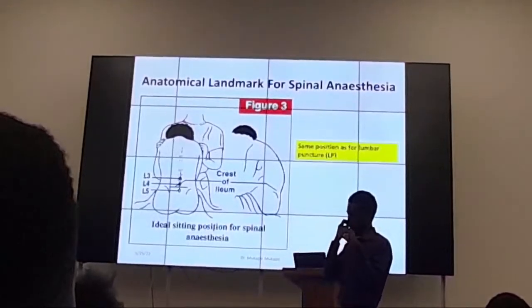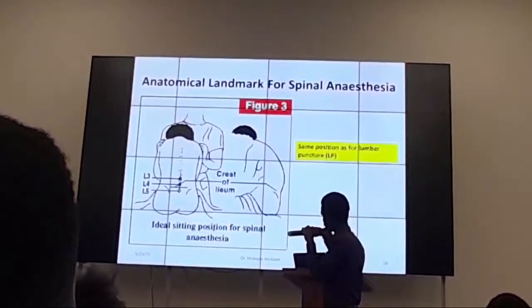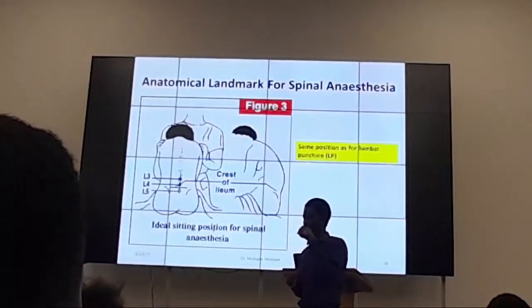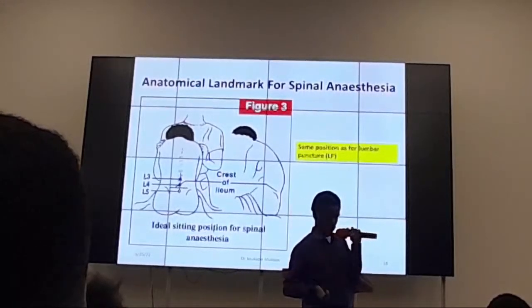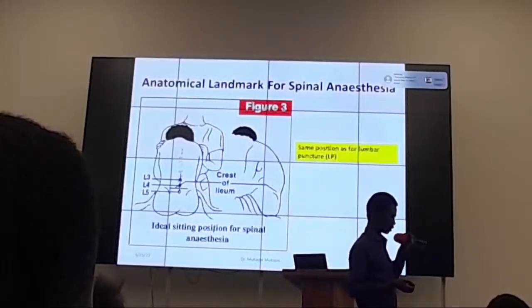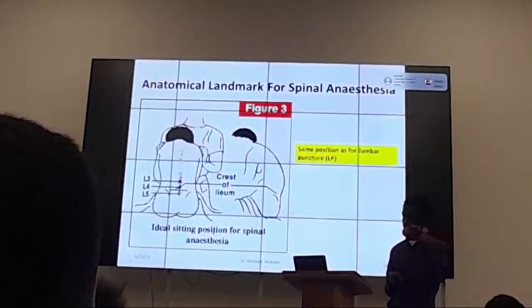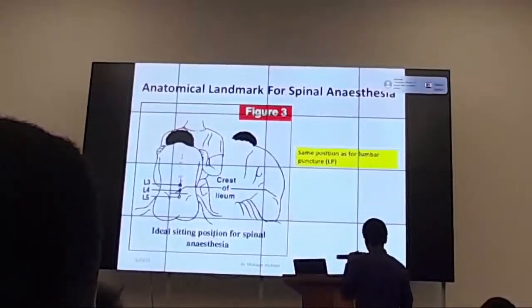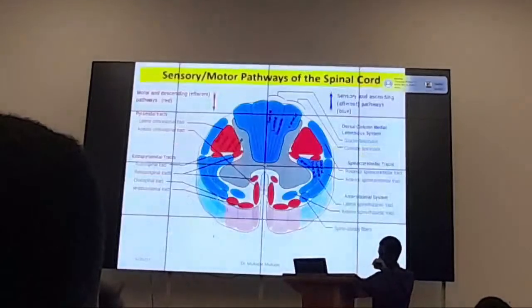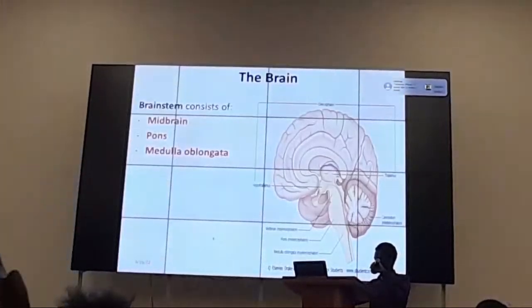If you want to do a lumbar puncture to collect CSF, which anatomical landmarks do you need to know? The lumbar space is this space here, the space of the subarachnoid fluid.